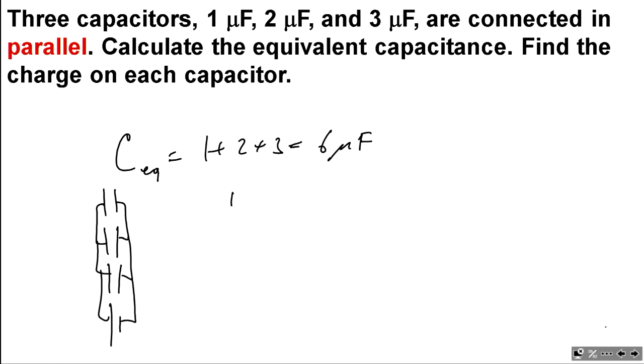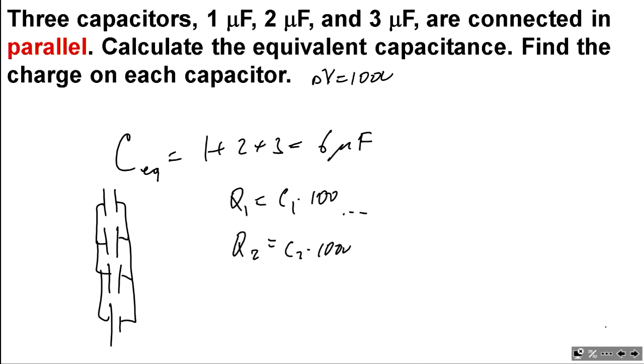So Q1 equals C1 times 100, Q2 equals C2 times 100, Q3 equals C3 times 100. Q total.